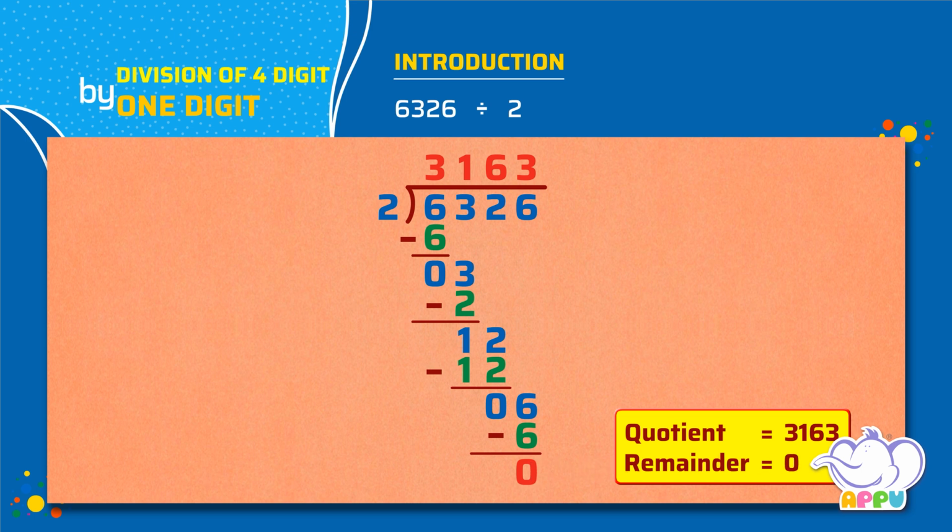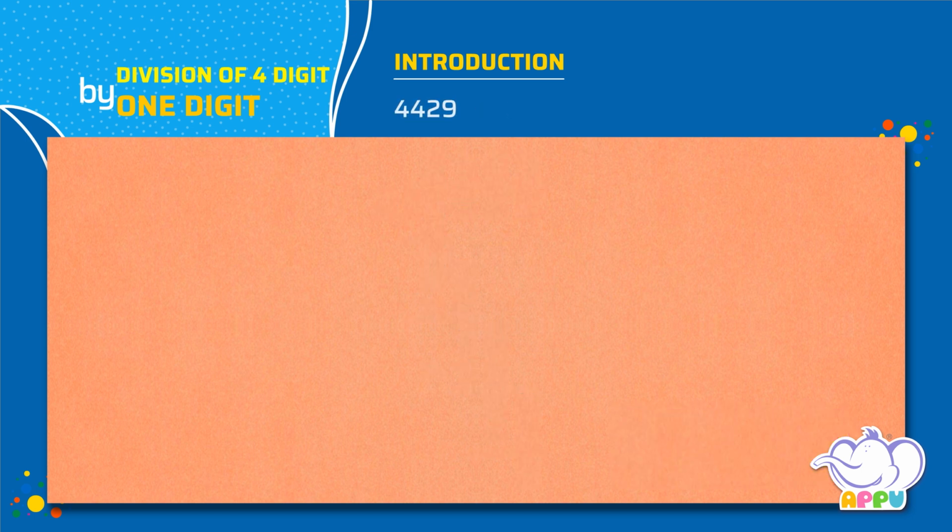Let's look at another example. 4,429 by 3. We write the division bracket and write 3 outside the bracket and 4,429 inside the bracket. Step 1.